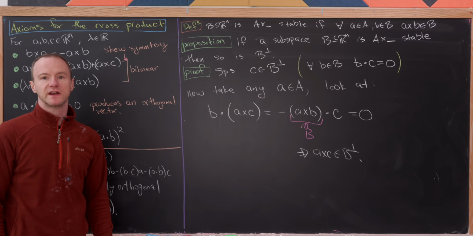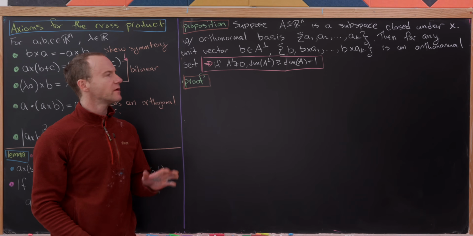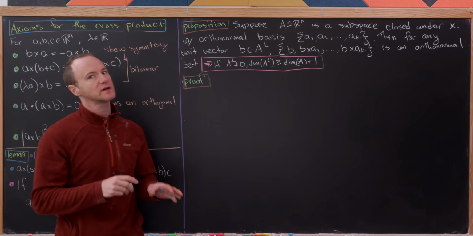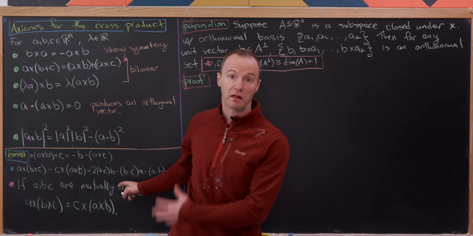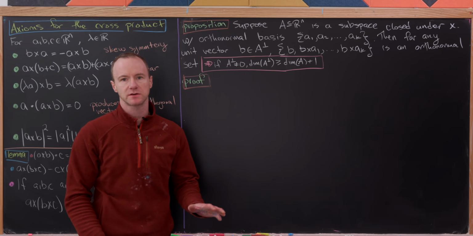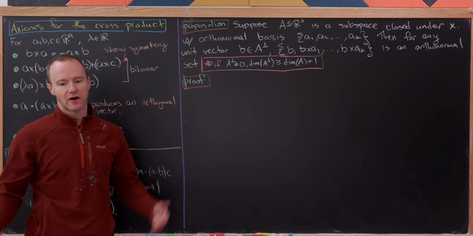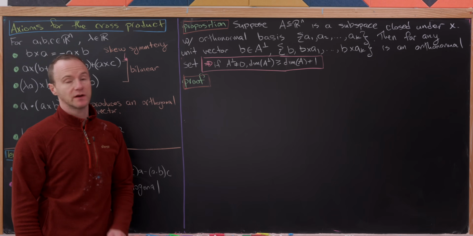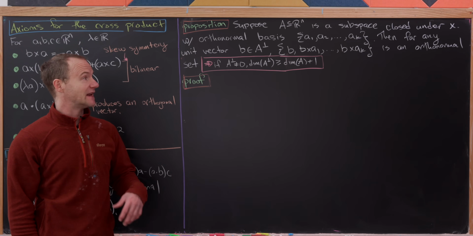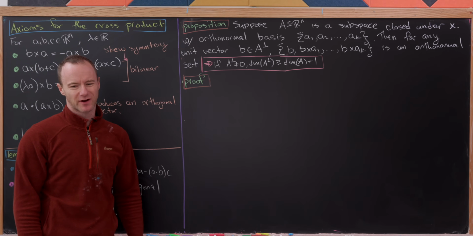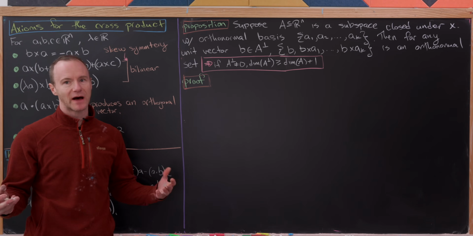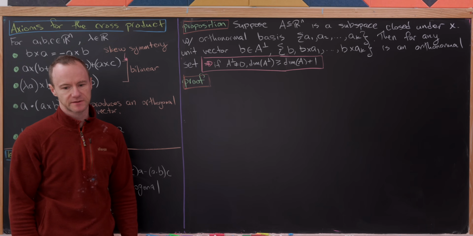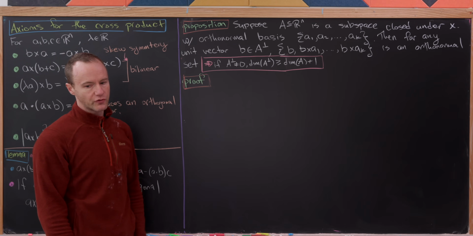Okay, so let's move on to our next result. Now for one of the most important results that's going to help us answer this question, well, it was down there, it's not there anymore, about what dimensions allow for the cross product. So let's suppose that we've got a subspace of Rn, which we'll call A, and it's closed under the cross product. So it's in a sense a subalgebra with respect to the cross product. Let's also take an orthonormal basis.